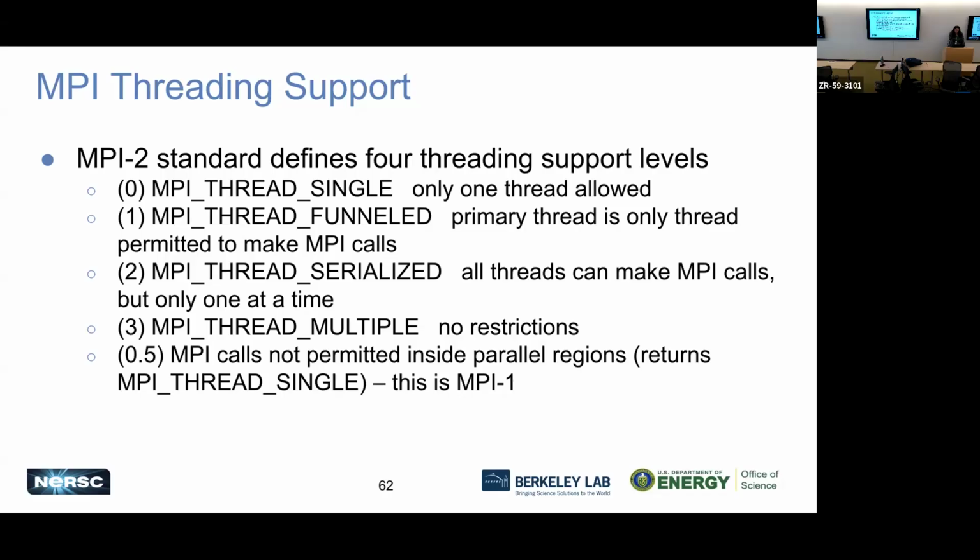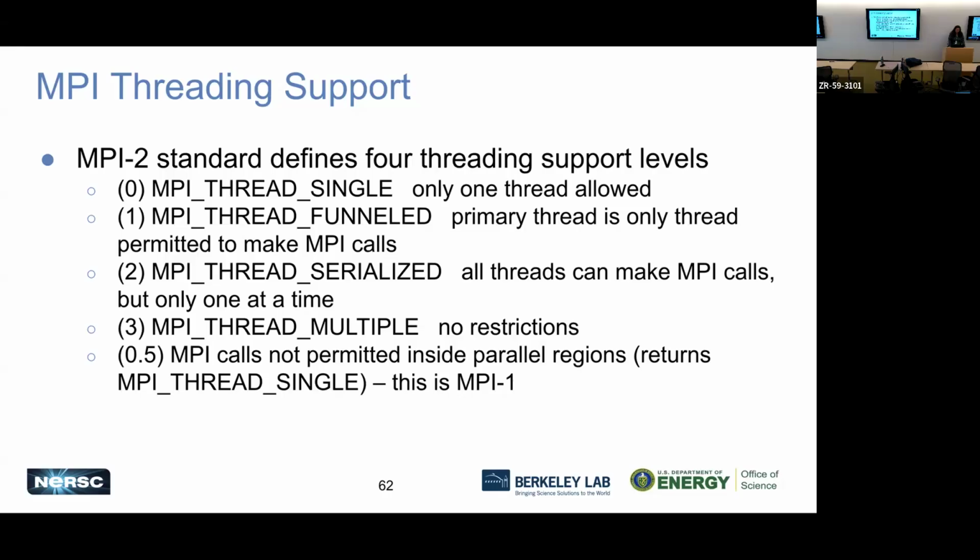The next one is MPI_THREAD_FUNNELED, and in this one, the primary thread is the only thread that is permitted to make MPI calls. The next one is MPI_THREAD_SERIALIZED, where all threads can make MPI calls, but only one thread at a time. They have to just do it one at a time.